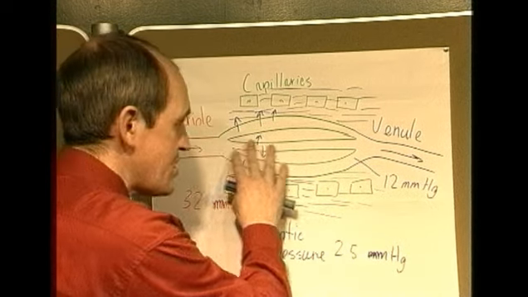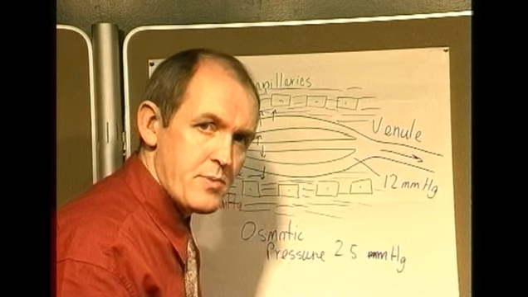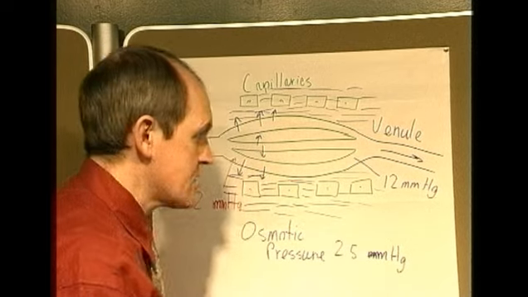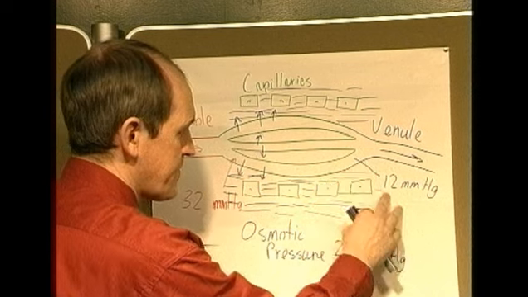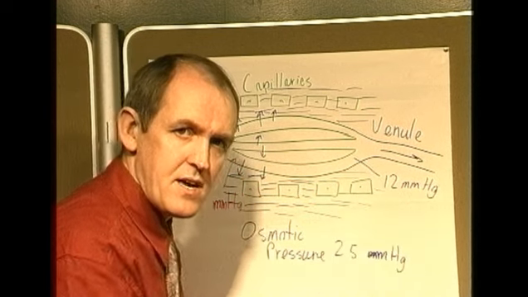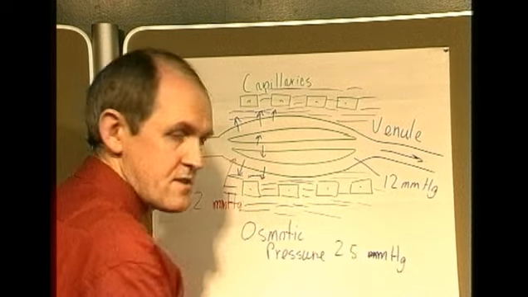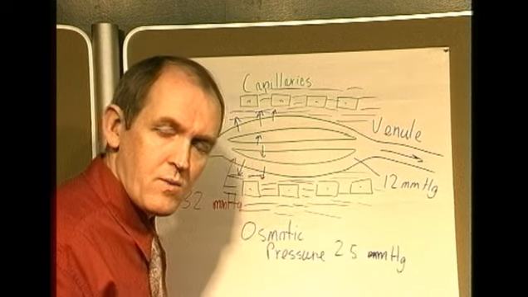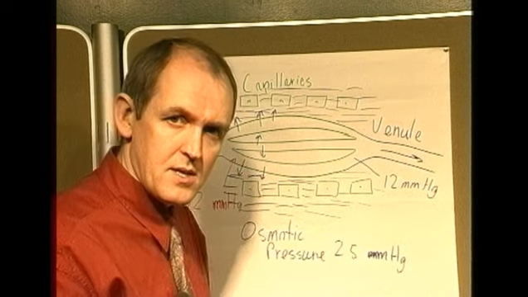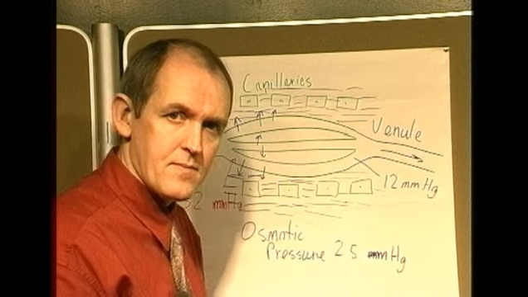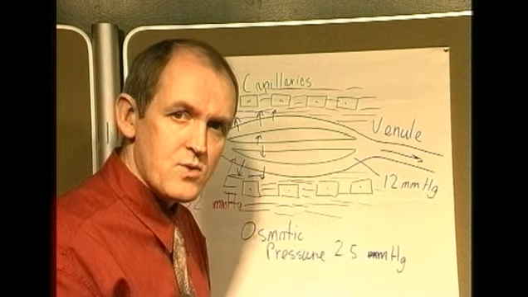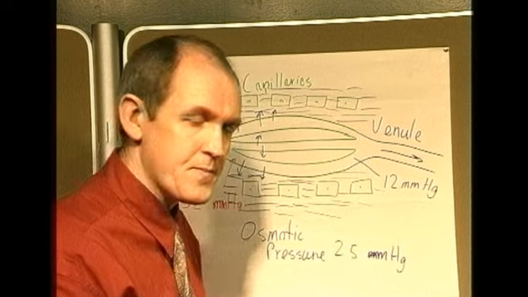But as we've said, there's a pressure drop as we go along the capillary. So at the venous end of the capillary, before the blood drains into the venule, the pressure of the blood here is only 12 millimeters of mercury. But what is the osmotic pressure of the blood inside the capillary? Well, that remains at 25 millimeters of mercury.